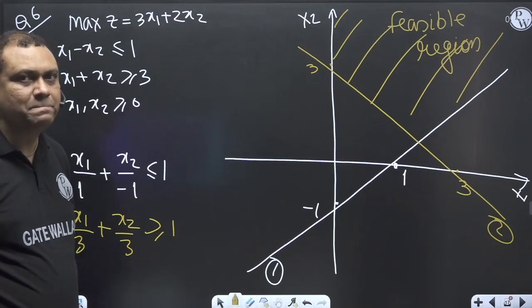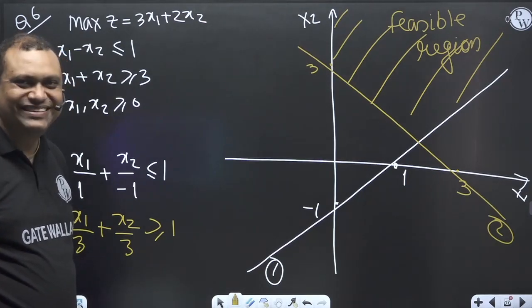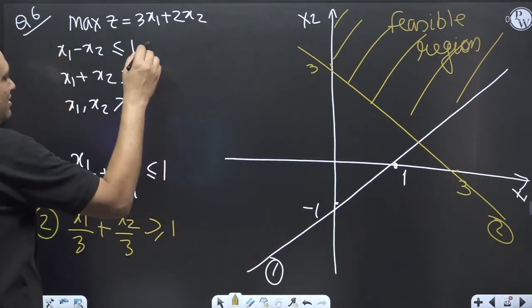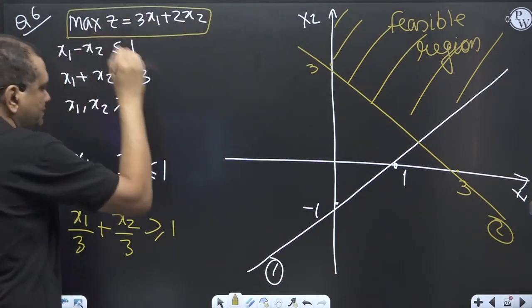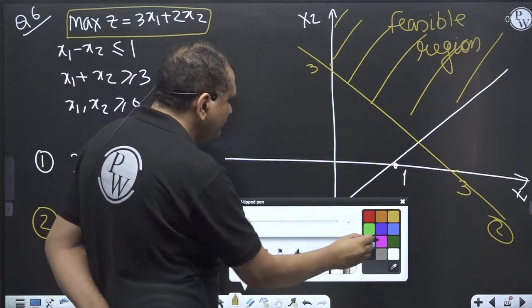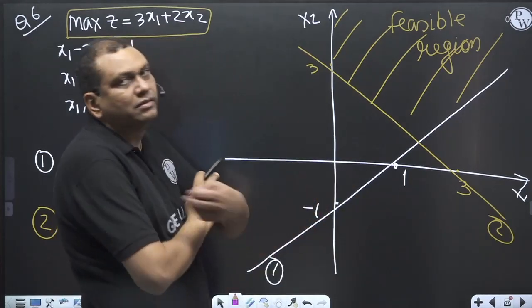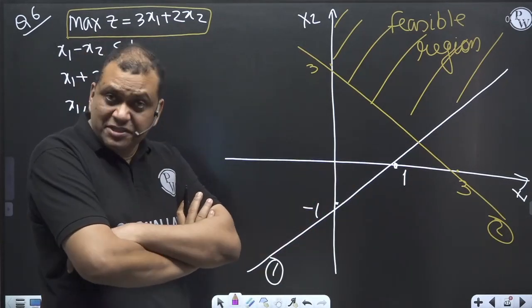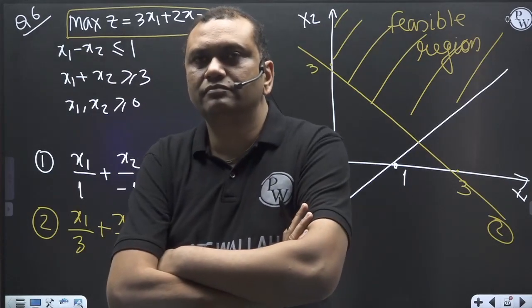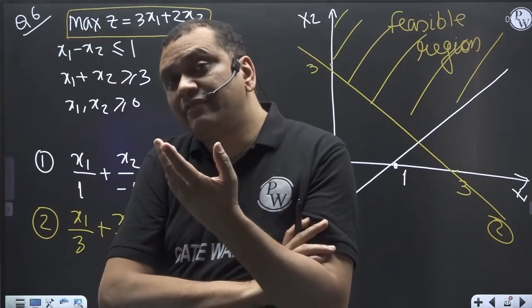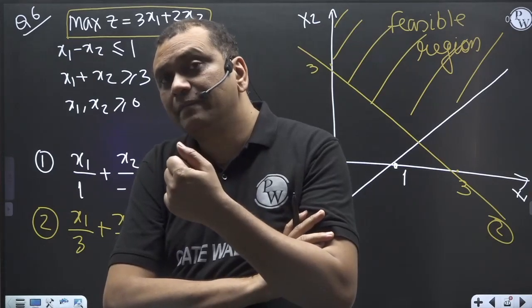Feasible region. Now, my objective function is a maximization function. So what is the optimum solution?